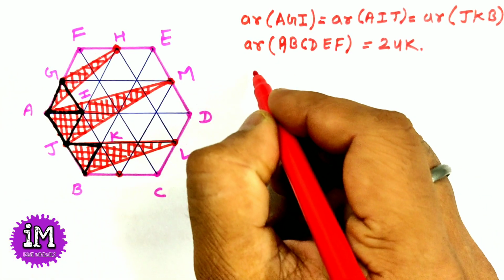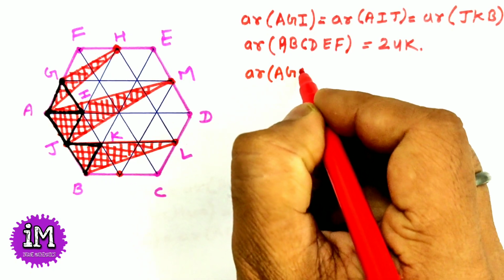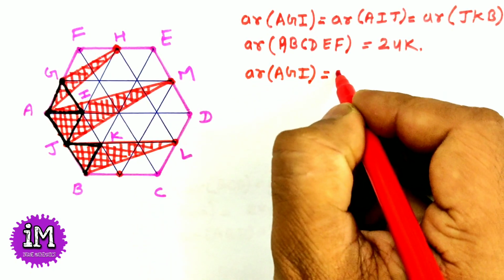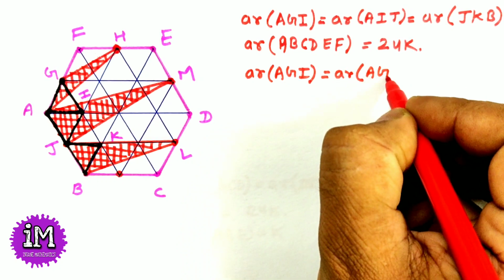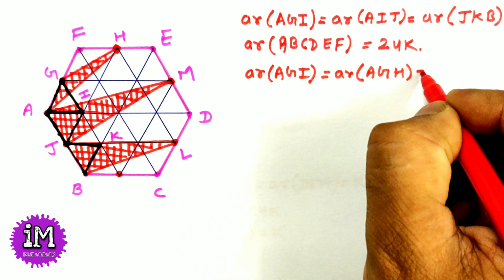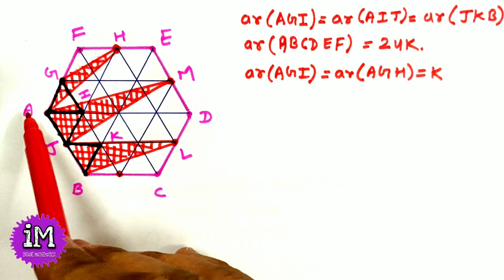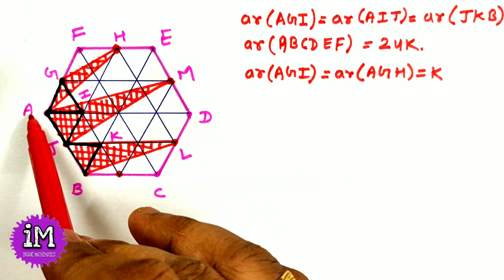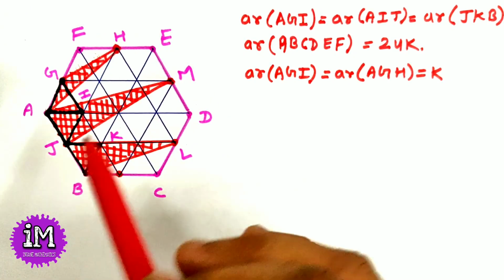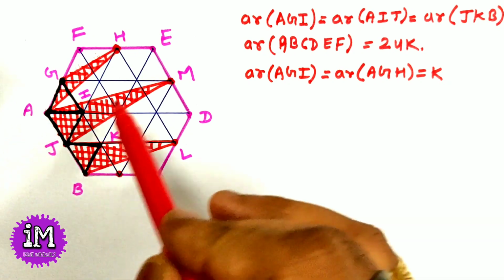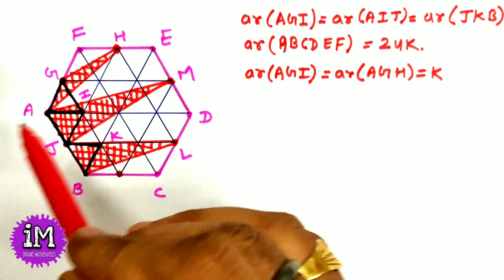That means the area of triangle AGI is equal to the area of triangle AGH, which is K. Now we can see triangle AIJ and triangle AMJ. Both triangles share the same base AJ, and the height of triangle AJM will be 4 times the height of triangle AJI.